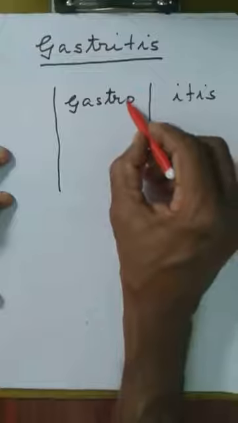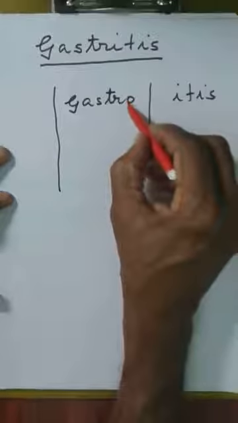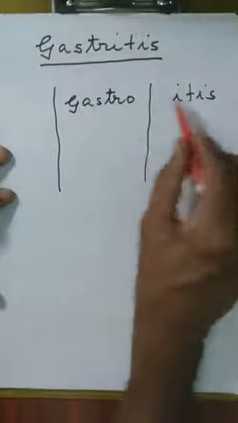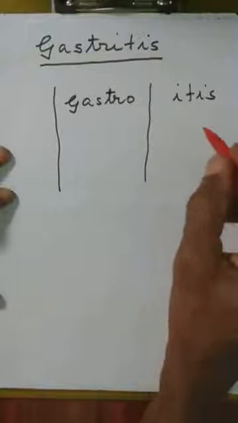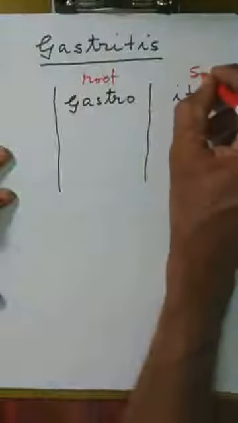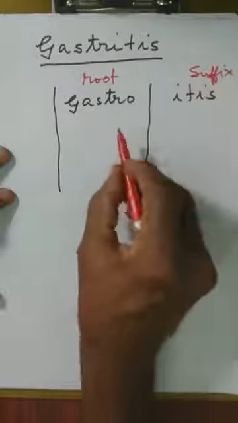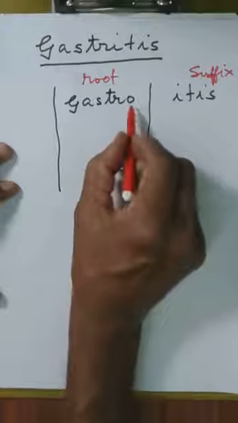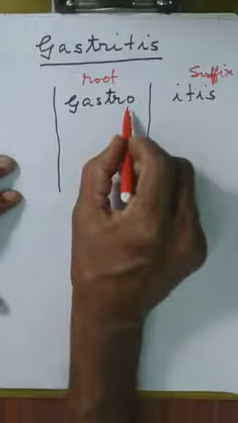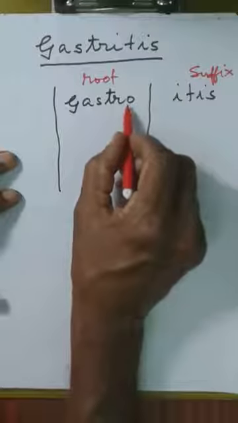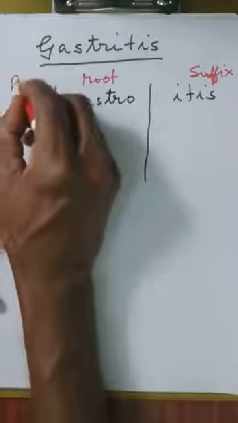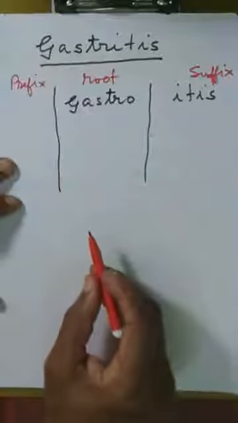This O is the combining vowel, which is added for easy pronunciation when these two join together. So this is the root word, and this is the suffix, and this O is the combining vowel. It can be some other vowel also, but usually for 80% of the words, O is the combining vowel. There is no prefix here.